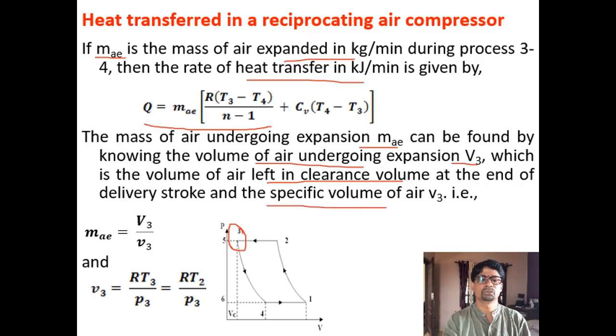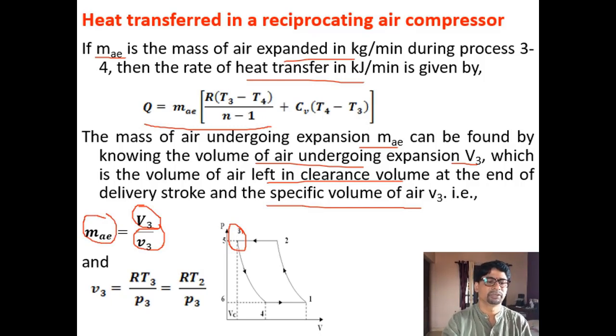And also you should know the specific volume at point 3. So total volume divided by specific volume, that is V3 by small v3, is nothing but the mass of air at point 3. And v3 here is nothing but RT3 by P3, which is also equal to RT2 by P3 because T3 is equal to T2 here.